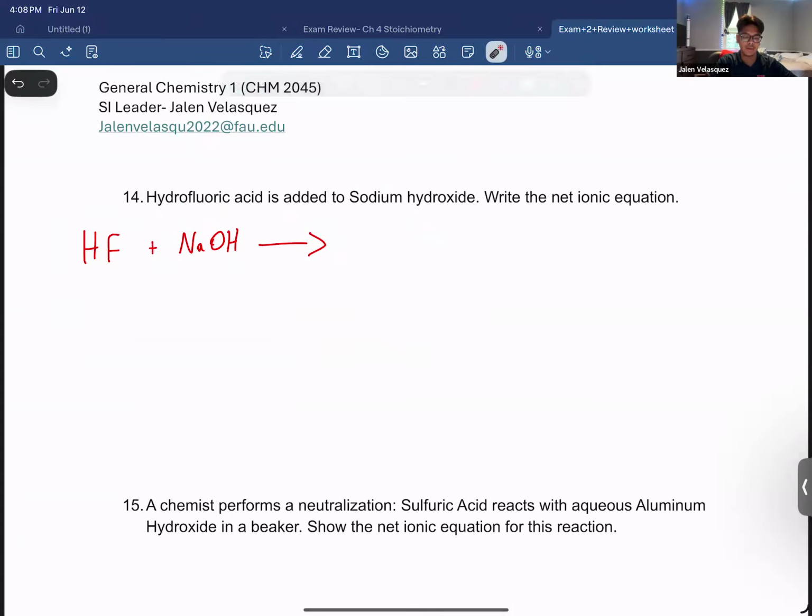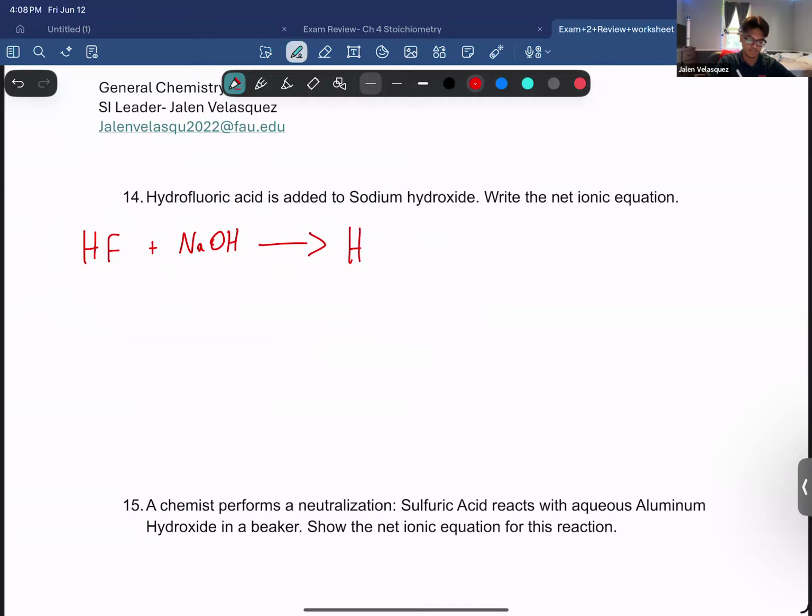And you can also get that because for the most part, these reactions follow that metathesis, right? H with OH gives you H2O. And what's our salt? Well, actually, let me write the states of matter. So our reactants are aqueous.